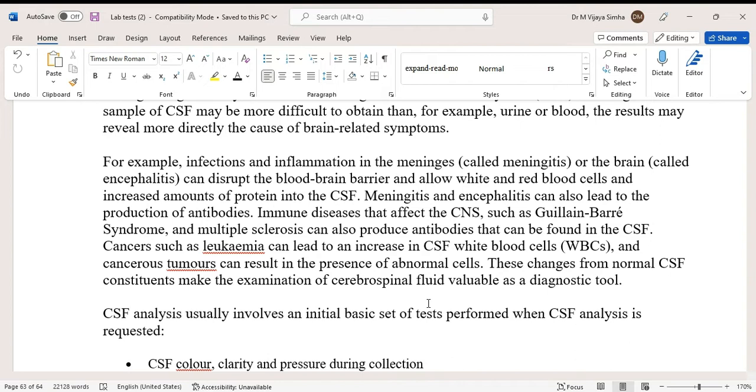Cancers such as leukemia can lead to an increase in CSF white blood cells, and cancer tumors can result in the presence of abnormal cells. These changes from normal CSF constituents make the examination of cerebrospinal fluid valuable as a diagnostic tool.